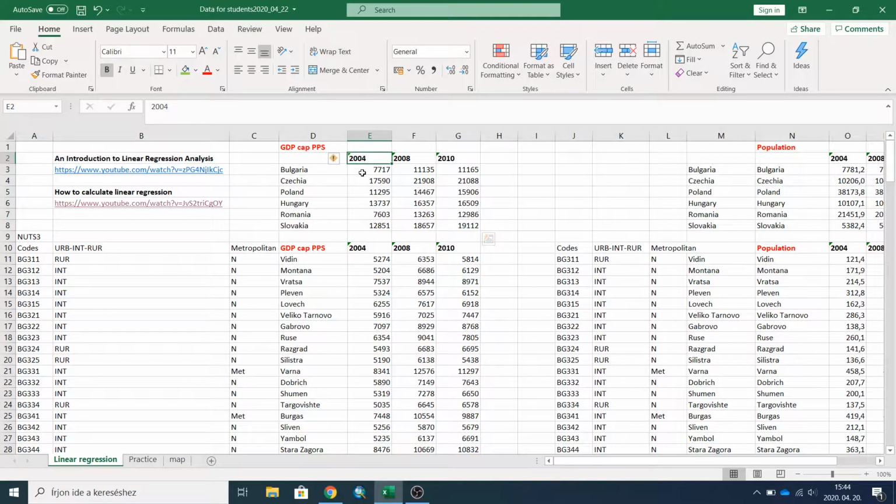Because this is a timeline comparison, the independent variable is the data of this year, and the dependent variable is this data.